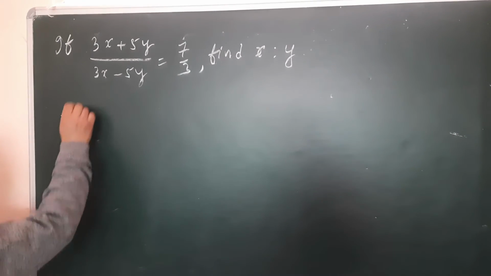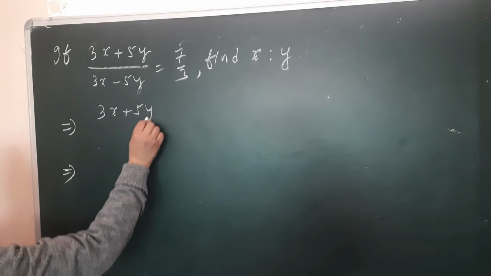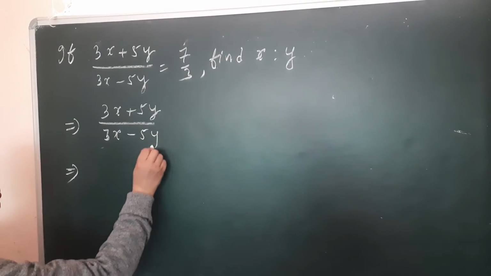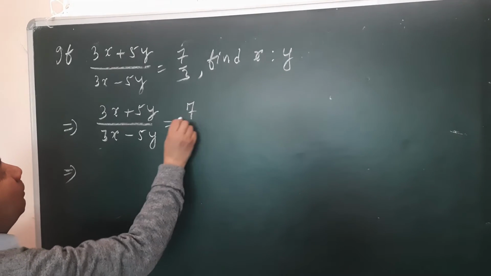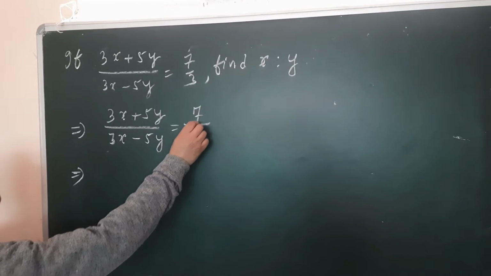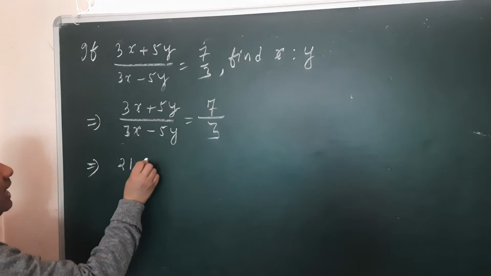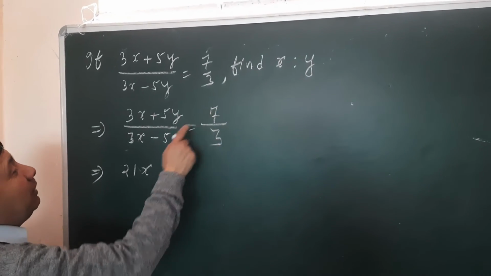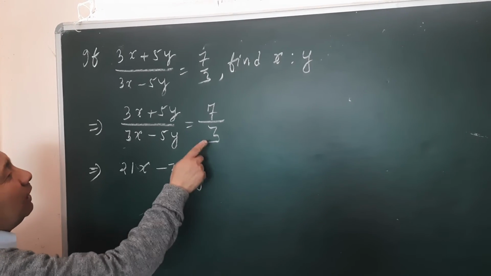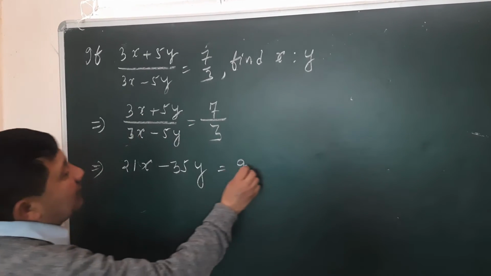So you have to copy this same expression. Now you have to cross multiply. So 7 3s are 21 x, here is x, write down x. 7 5s are 35 y, you have to write down y.